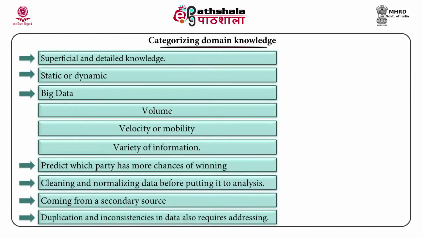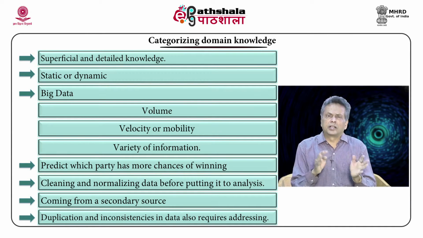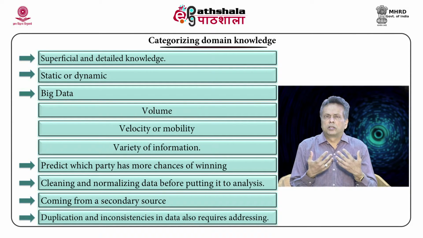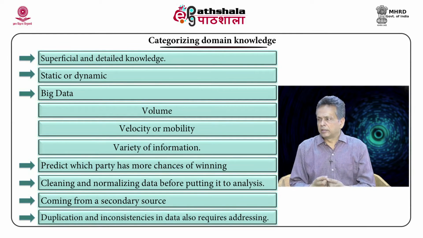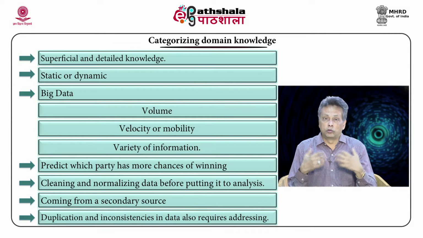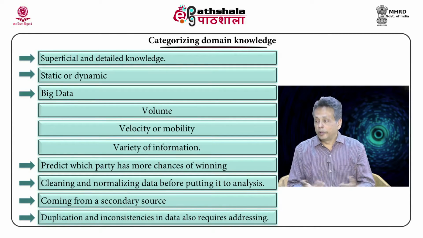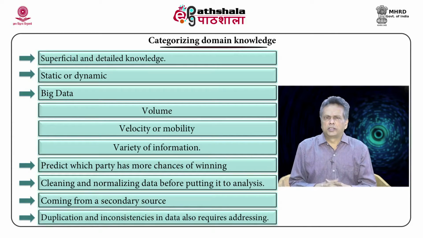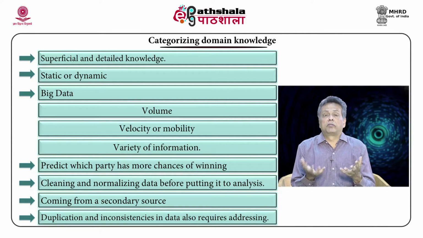Domain knowledge is categorized in many ways. For example, superficial and detailed, static and dynamic, and if you talk about big data, knowledge with more volume, more variety, more mobility, and so on. There are a lot of complexities involved in it. For example, one is cleaning the incoming data.